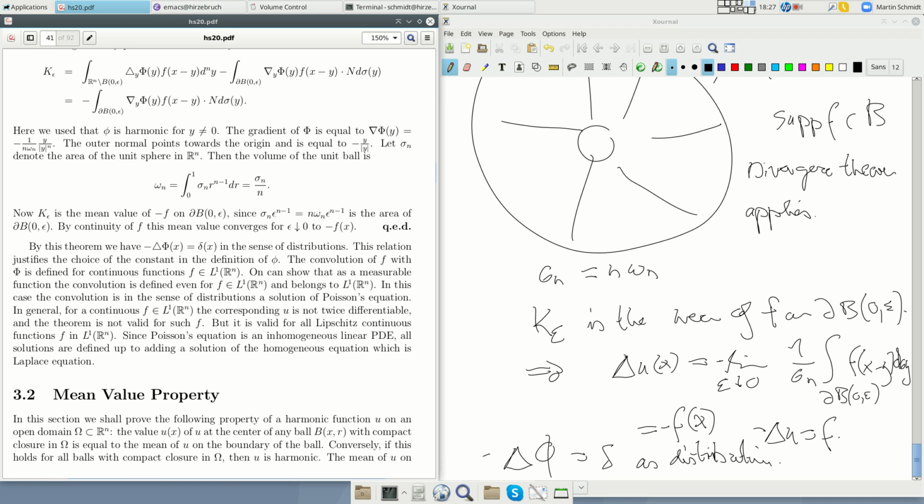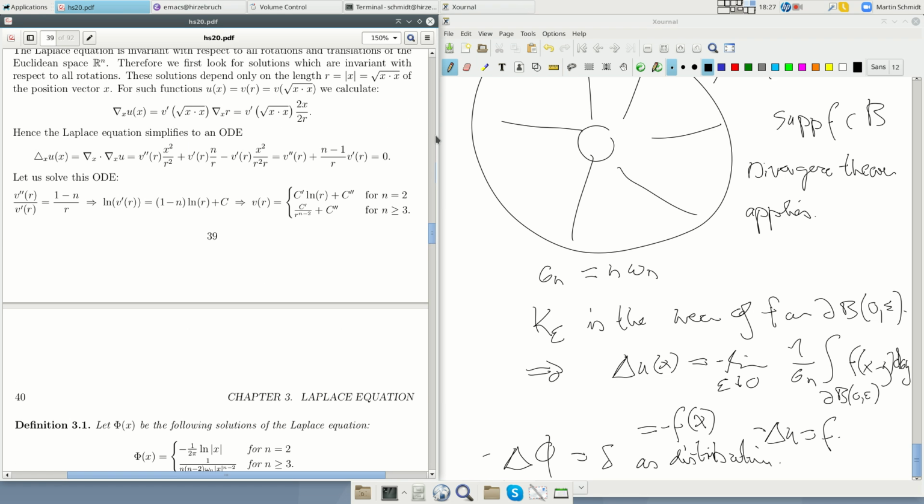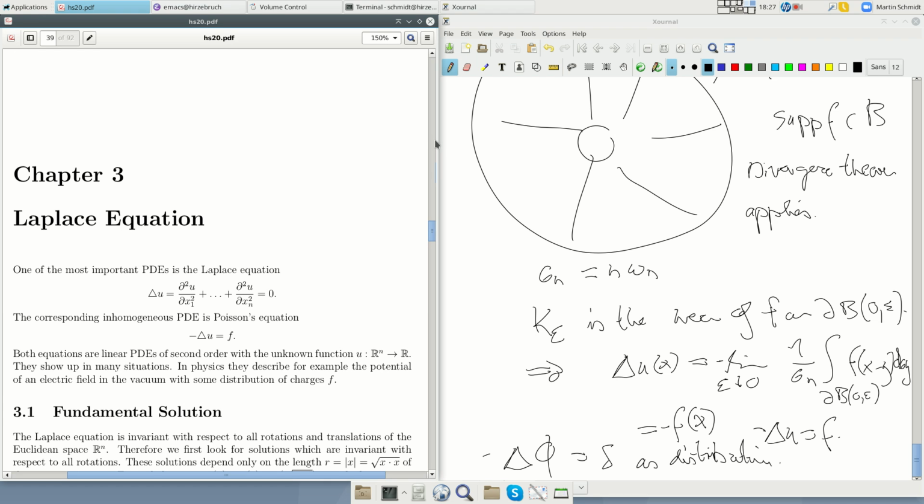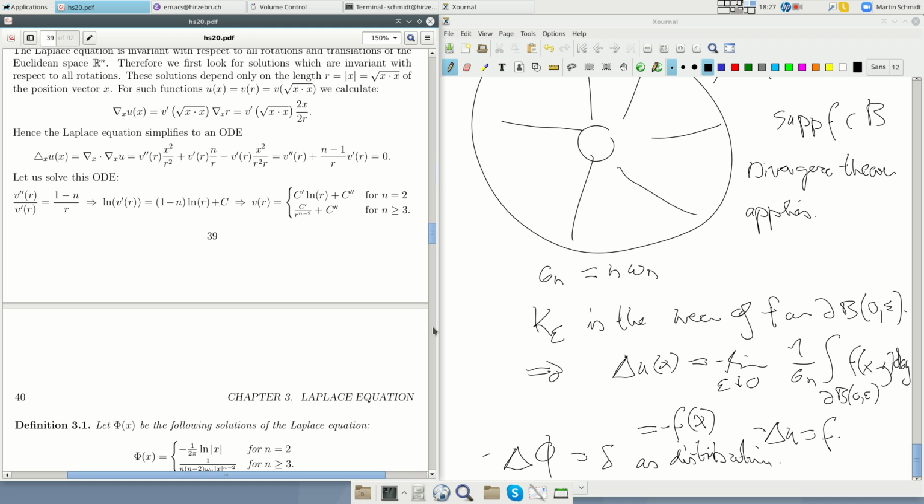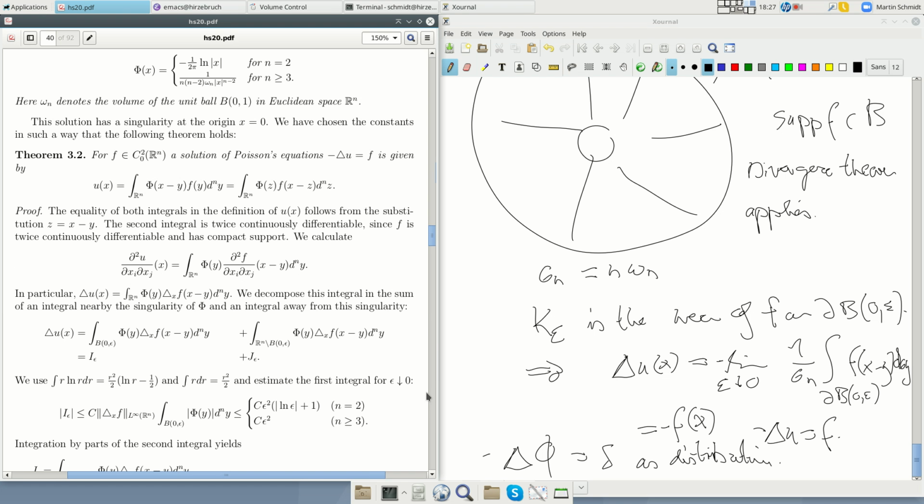Okay, now this is the end of section 3.1. Let's recall what we have done. We first introduced the Laplace equation, then we introduced the fundamental solution, so we calculated all solutions which are invariant with respect to all rotations or all orthogonal transformations.